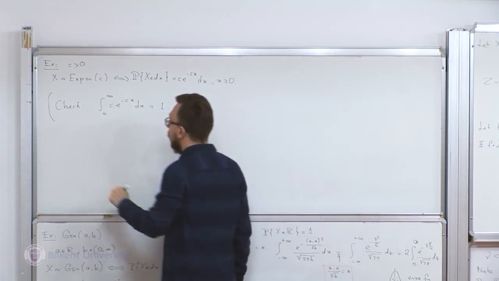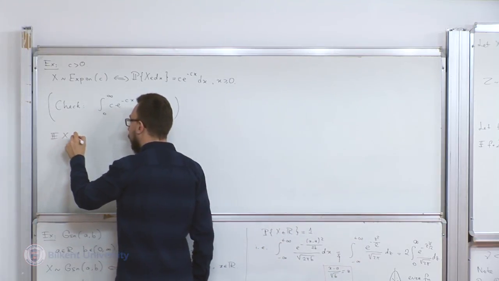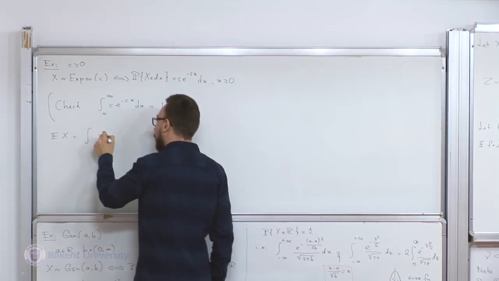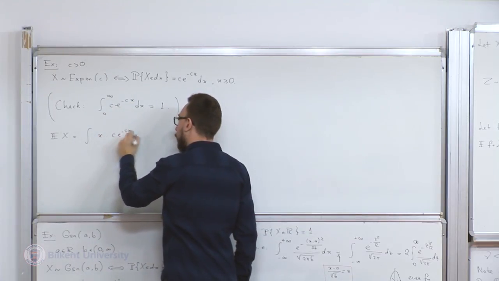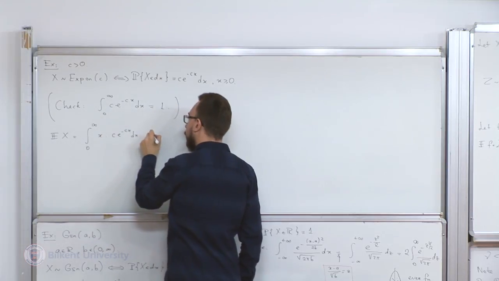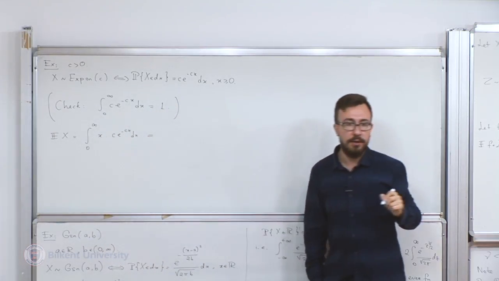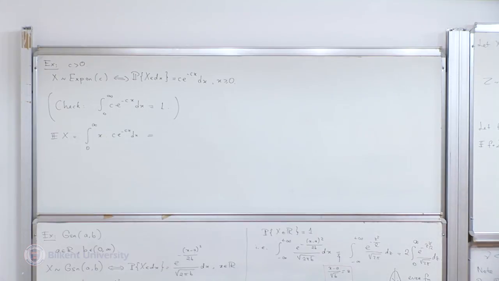What is more interesting is the expected value and variance. So what is the expected value? x times the distribution from 0 to infinity. How can you evaluate this integral, x times c e to the negative cx dx? x times an exponential function, right? How would you integrate it? By parts, right? So let's do by parts.